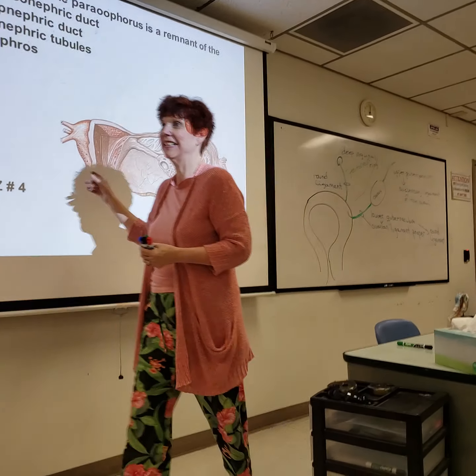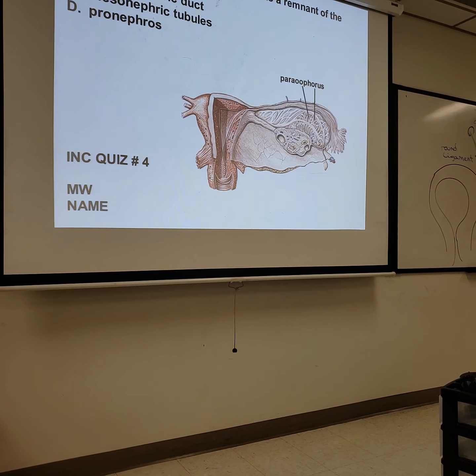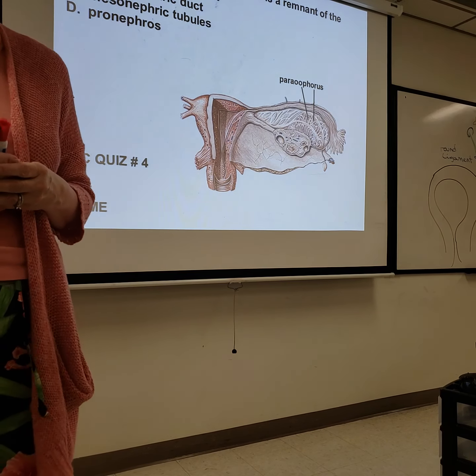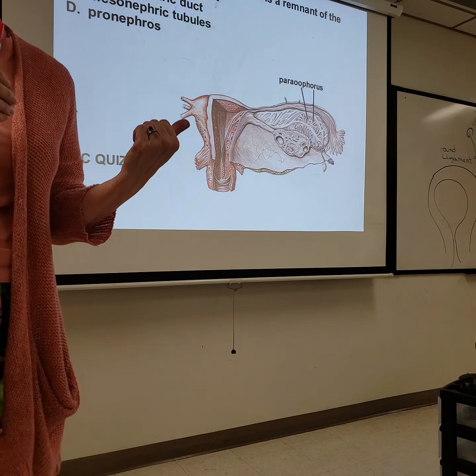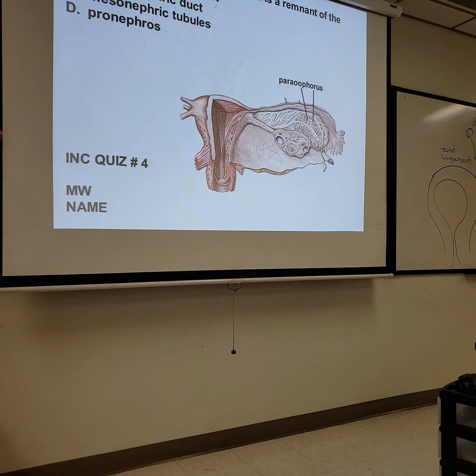All right, so what is the connecting structure in the male that allows the sperm to move from the testis into the epididymis, but is absent in the female, so we have no direct connection, okay?